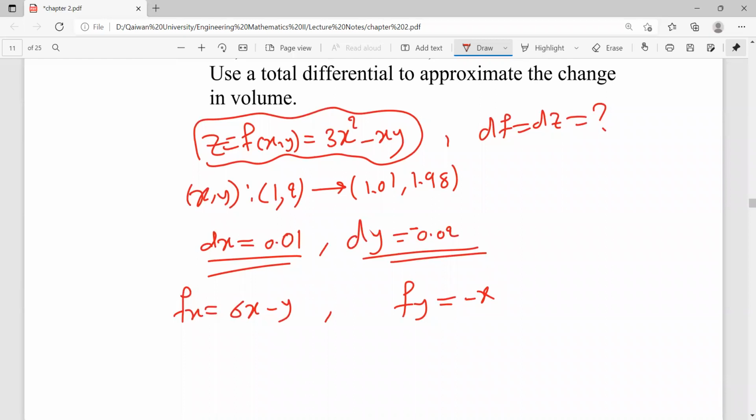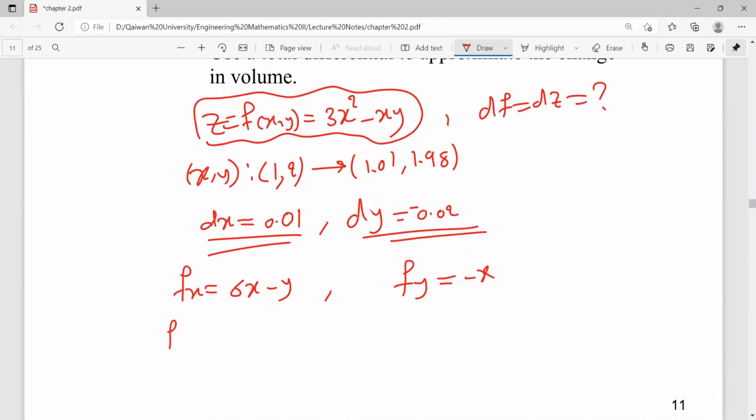And now what's f sub x at the original point? What's the original point? It's (1, 2), the values of xy. This is the original point, and this is the changed one. It's changing, 1 is changing to 1.01 and 2 is changing to 1.98.